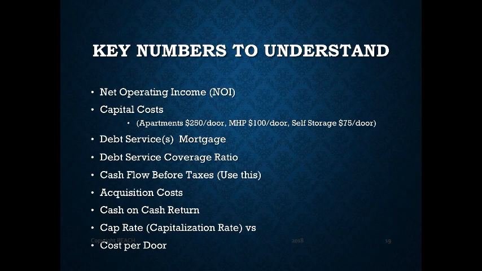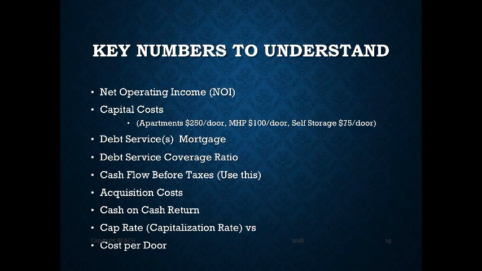And I think I have a slide here in just a couple minutes where we're going to show you a couple of examples. I'm going to talk to you just a little bit about why we tend to use capitalization rate to compare one property to another versus the cost per door. You're going to see brokers using the cost per door a fair amount.